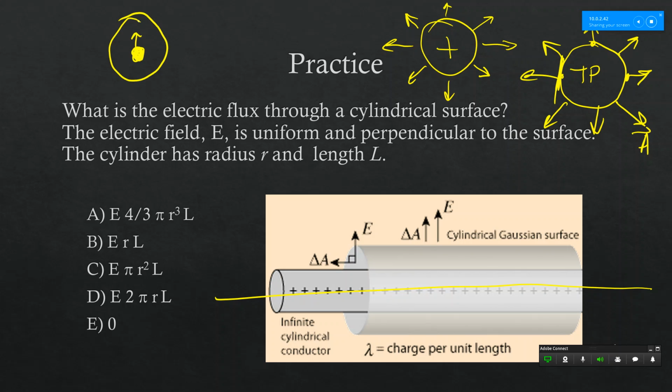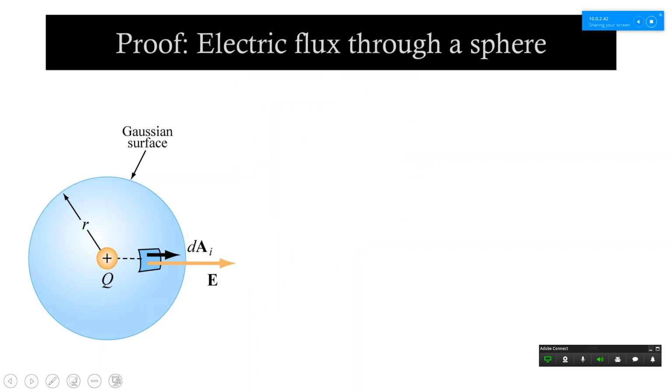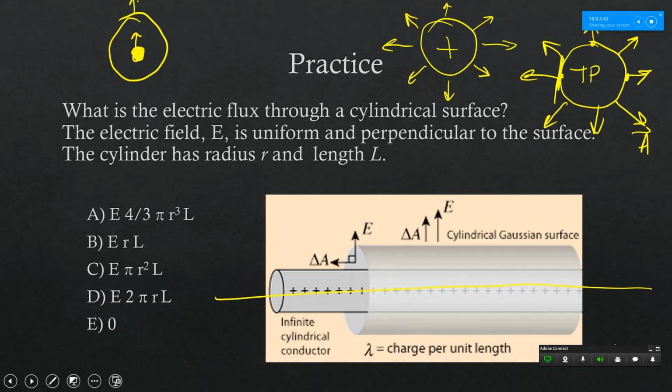At any point along this wire, the electric field is going to go outwards. And check it out, it's going in the same direction as that area. If I choose this electric field line, there is an area vector in that direction. If I choose this one, there's an area vector in that direction. So at every single point along my wire, my electric field is parallel to my area.